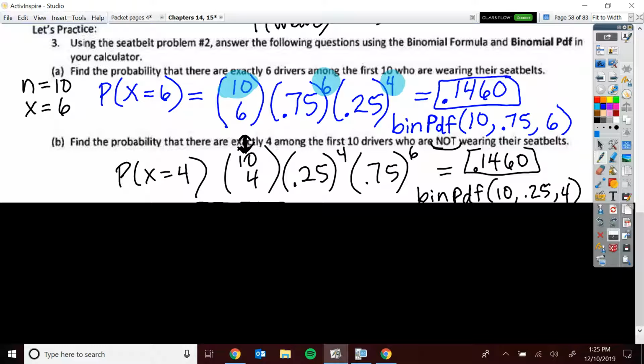So does it surprise you that the answer to B is essentially asking the same question as A? Yeah, so they came out the same.